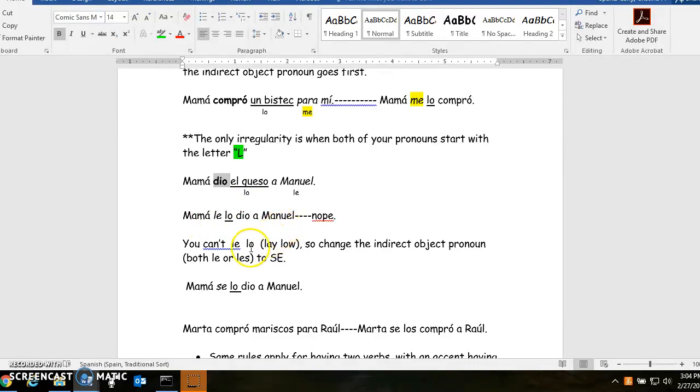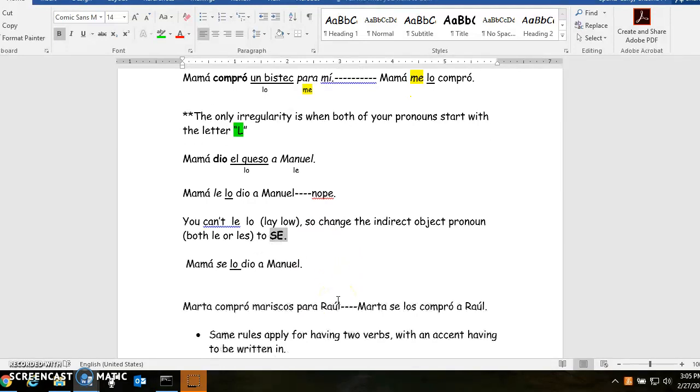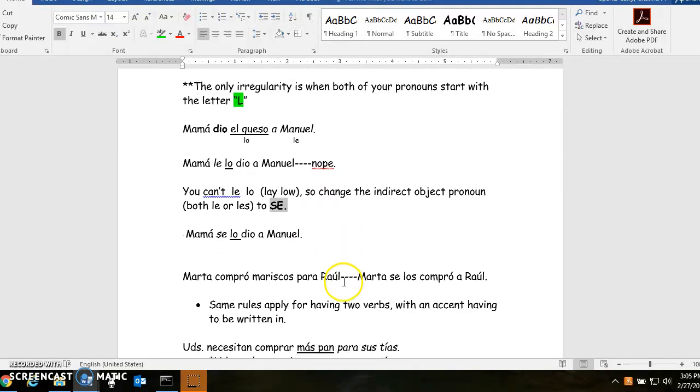No, we can't say that. Here's a little saying. You can't lay low. Don't lay low. Don't have two that start with L. So whenever you have le or les, you have to change it to se, and that's a firm rule. So instead of saying mamá le lo dio a Manuel, we say mamá se lo dio a Manuel.